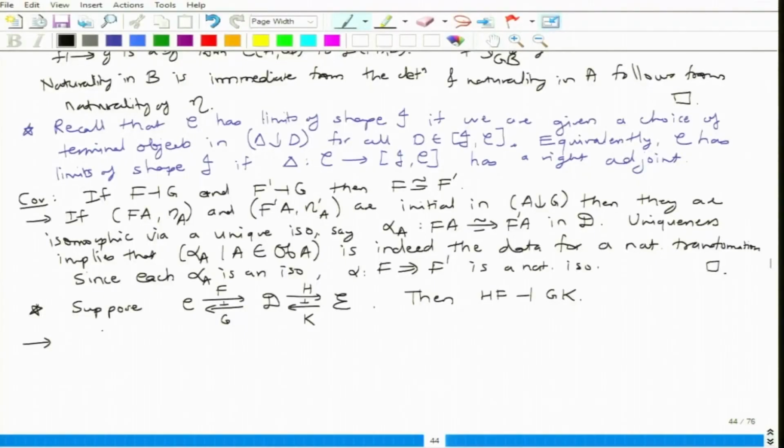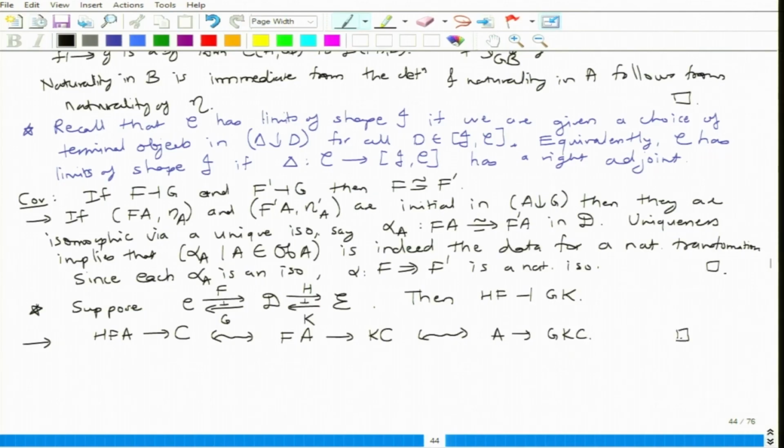It's simple. If we are given a morphism from HFA to C, then under natural bijection you can transfer H from the left hand side to the right hand side as K. So this naturally corresponds to a morphism from FA to KC, which again naturally corresponds to a morphism from A to GKC.